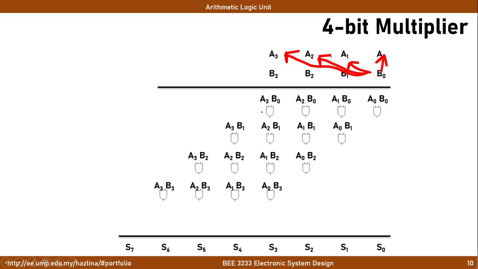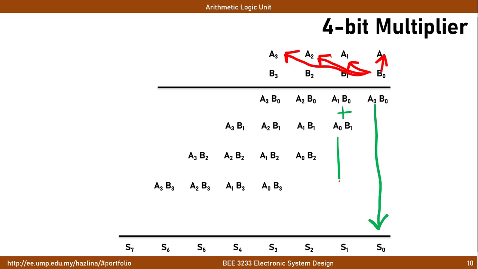To transfer this into digital circuits, this is equivalent to an AND gate, in which the product of A0, B0 is equivalent to A0 AND B0. This arrangement is purposely done so that the addition process can be done intuitively. If we look here, this element is being directly moved as the sum of bit 0. The addition of these two processes is equivalent to S1, followed through by the third stage, fourth stage, fifth stage, and so on.